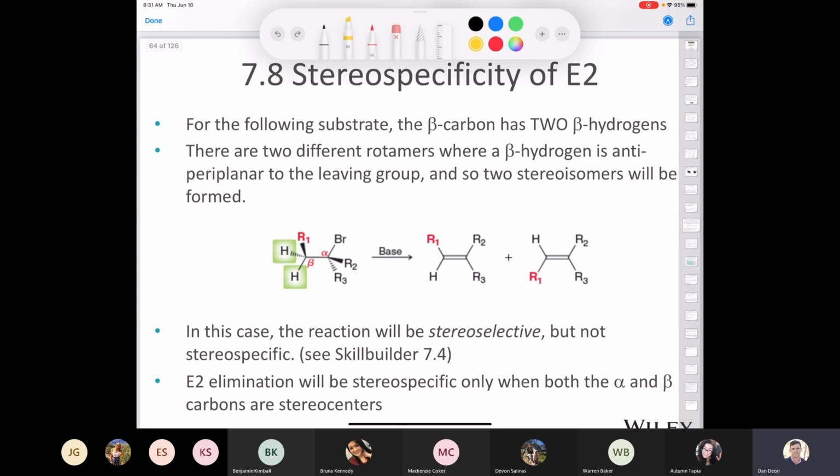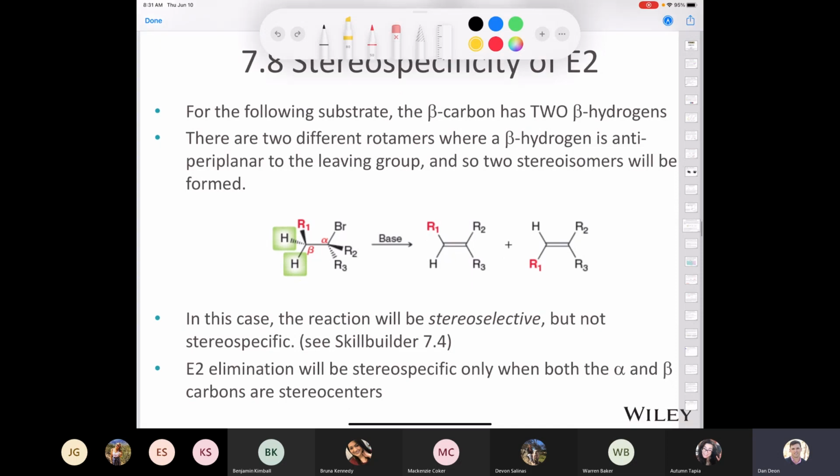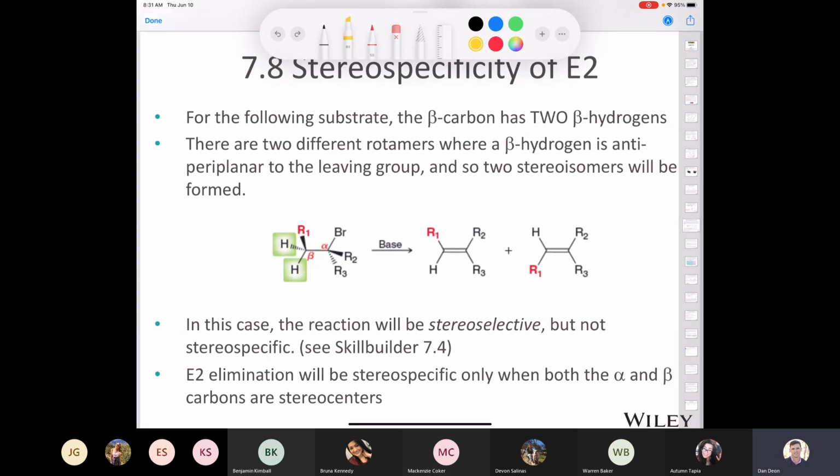Well, when you have that, you end up with the E and the Z. You end up with both stereoisomers. So in this case, we say the reaction is stereoselective, but it's not stereospecific. You might end up with a major and minor product in this case, but it's not stereospecific. You're going to end up with two products at least.